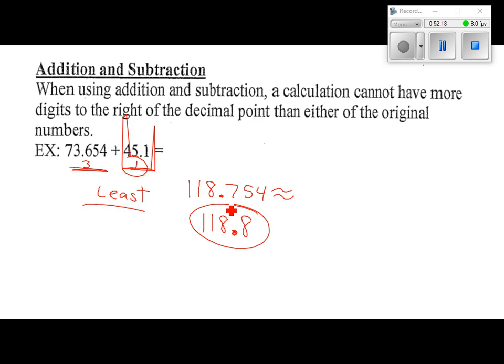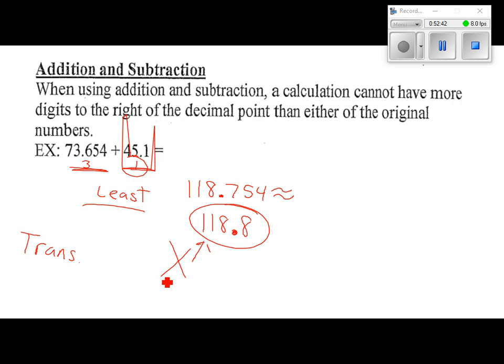Again, when we're doing rounding and stuff, use common sense. If this is money, do we want to round it off to 118.8? No. One of the other classes I teach is transitions class. If they write down this answer, it gets marked wrong, because most everything we deal with deals with money.